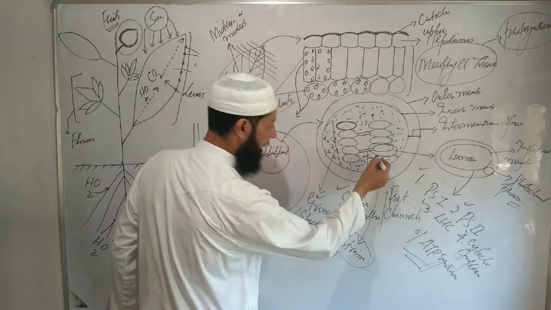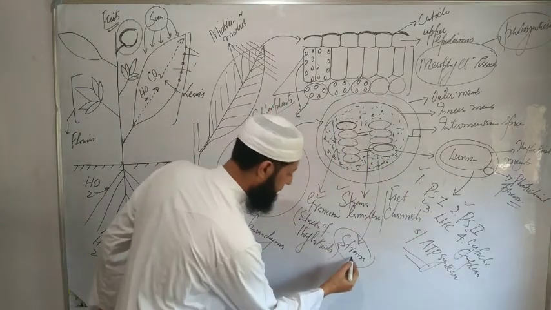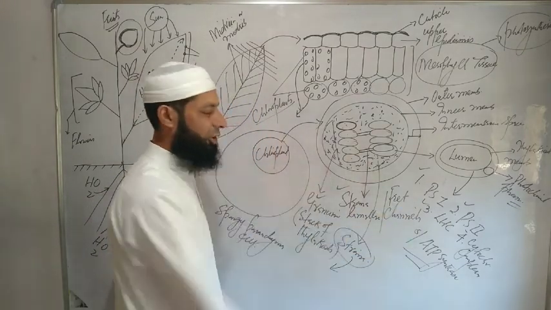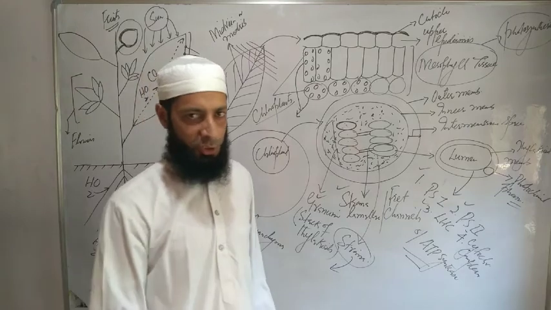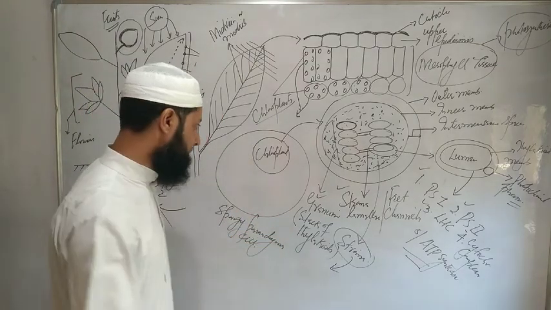It's the stroma of the chloroplast, that is the cytoplasm of the chloroplast, where the biosynthetic phase or dark reaction takes place, because it contains all the enzymes necessary for reduction of carbon dioxide into carbohydrates.